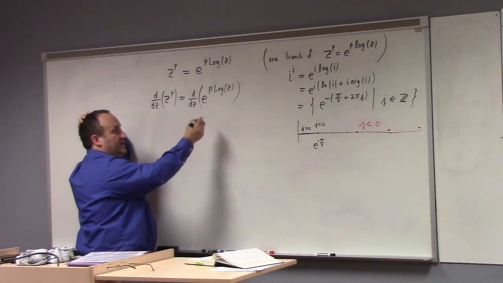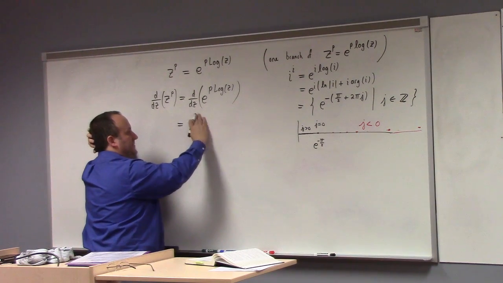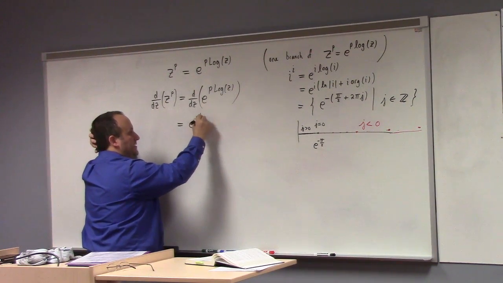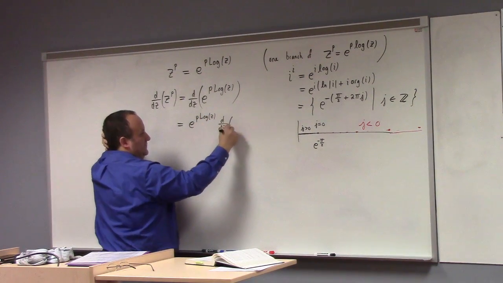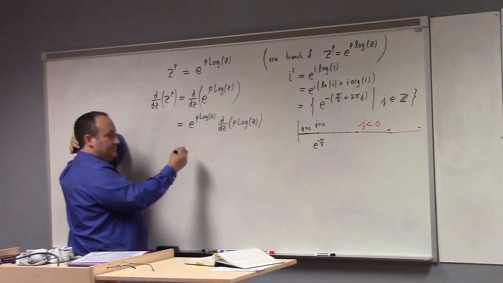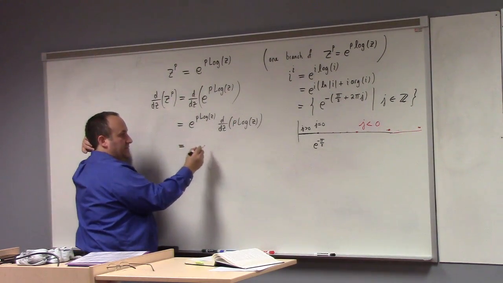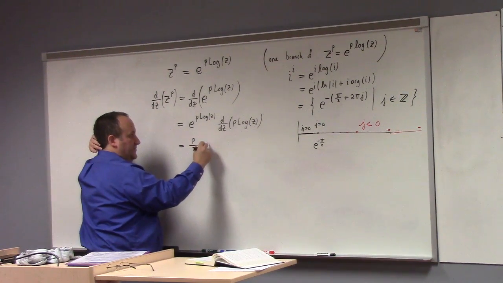And okay, great. So that gives me, by the chain rule, e to the p log z times the derivative with respect to z of the inside function, which here is p log z, but we know the derivative of log is 1 over z, right? So this gives me p over z, e to the p log z.